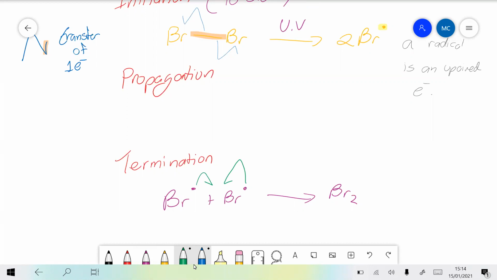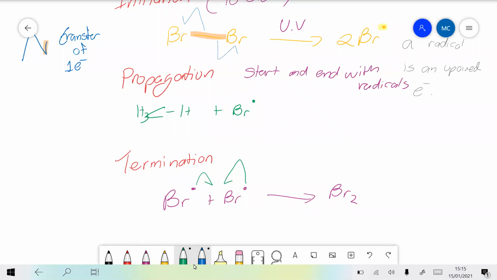Okay? Now, then propagation is to start with a radical and end with a radical. Okay? Start and end with radicals. So you can have our radical reacting with methane.